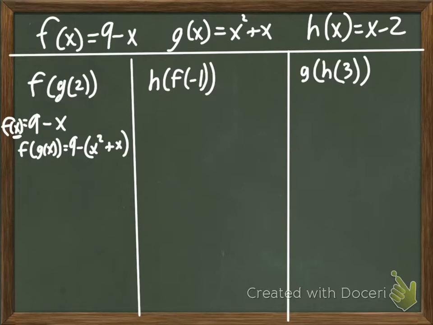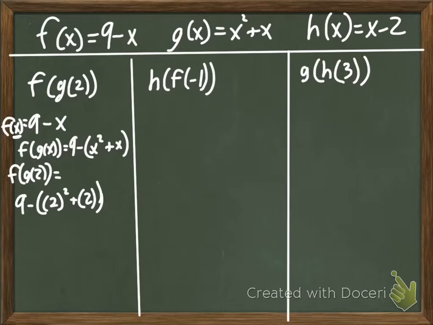Now we should do our input values. So now we're going to take that number and put it everywhere where there is an x. So it's going to be 9 minus, parentheses, 2 squared, because we inputted something new. We put in parentheses plus 2.